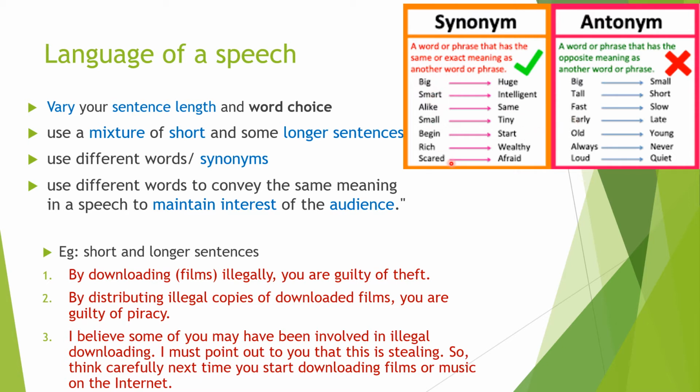That's the rule when we write a speech: convey the same meaning with more variety, to maintain the audience's interest. So pay attention to using synonyms and various sentence lengths when we write or give a speech.